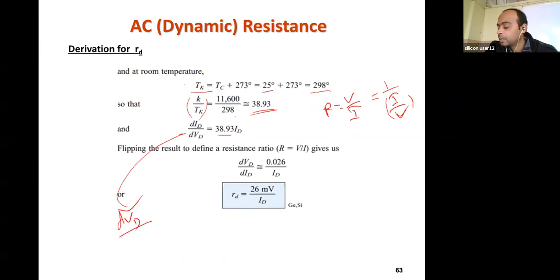So if I flip it, dVd by dId equals 1 by 38.93 id.